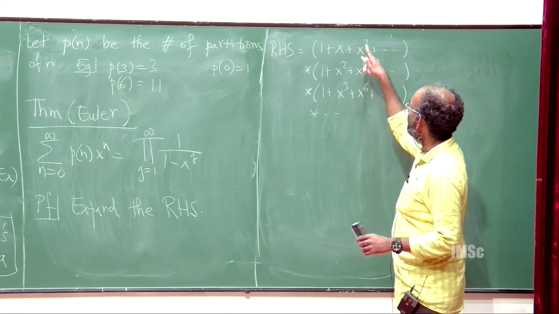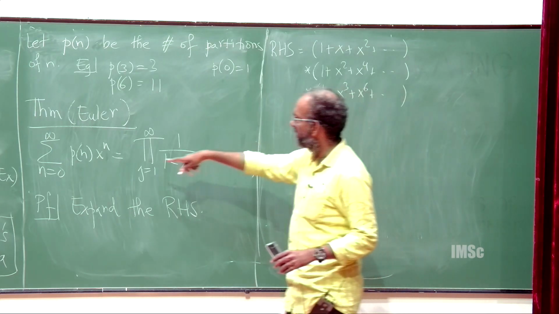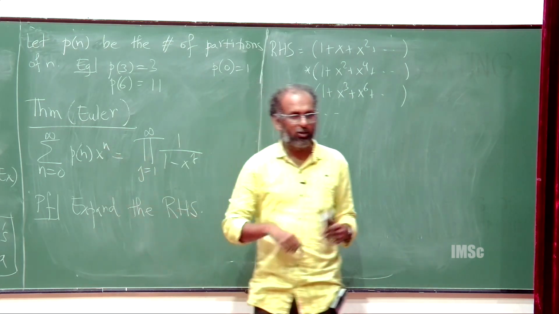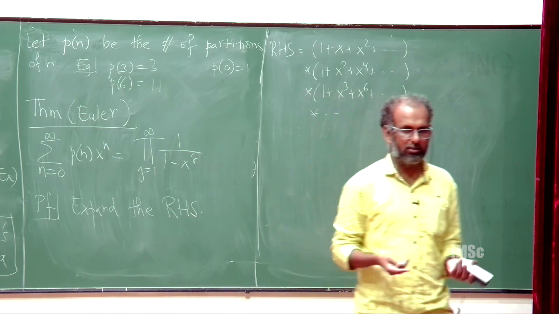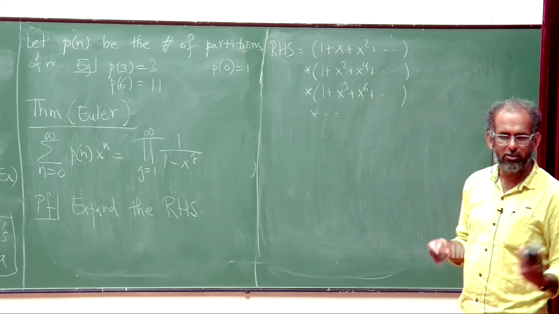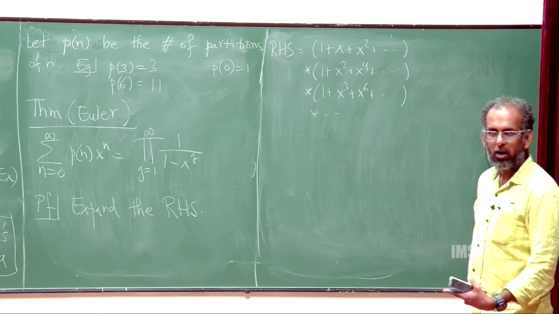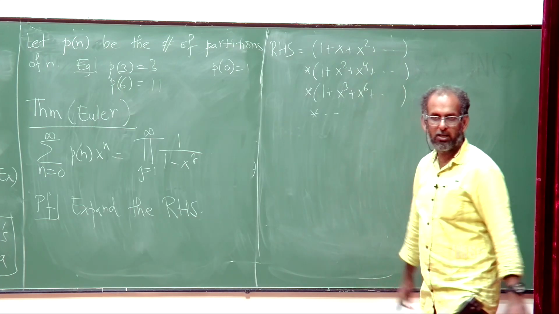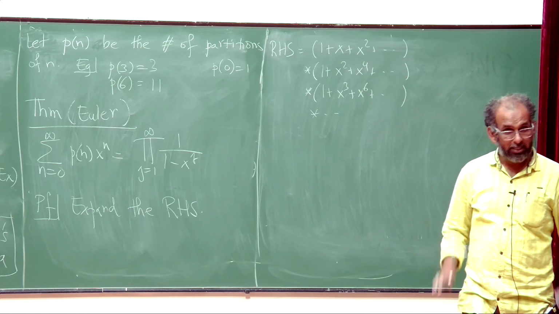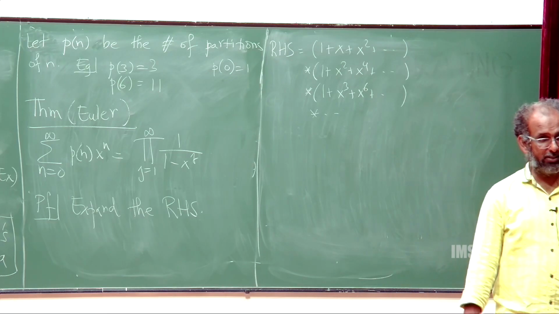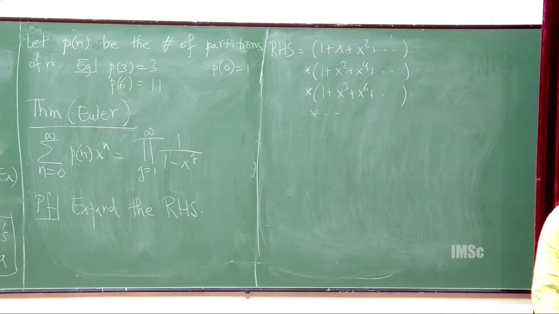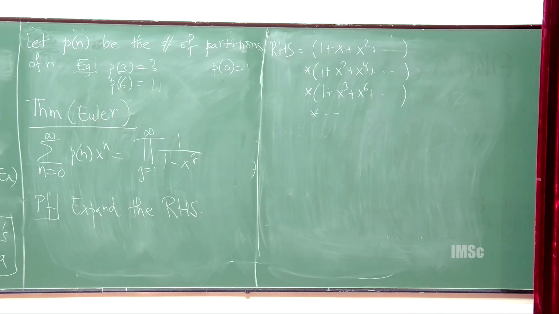So now you stare at this. How many ways can you get this x to the power n? That is the question. Okay. So let us just look at how you would get x to the power 1. When I expand this out, again this expansion is in formal power series land. We are not allowed to set x to anything, right? So we are only comparing powers of x, that is the only thing we are allowed to do.